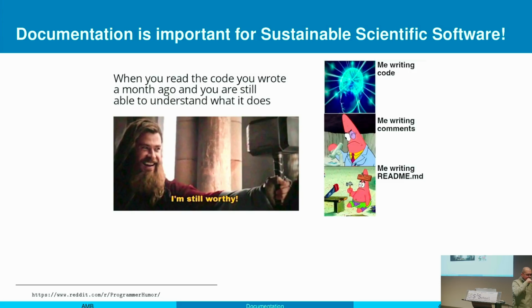But when we think about coding, we have all these tools that we have been working with during the last few days. But when we think about the README file, it's like, do I have to do that?